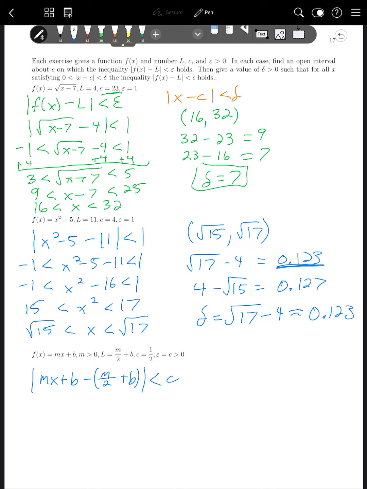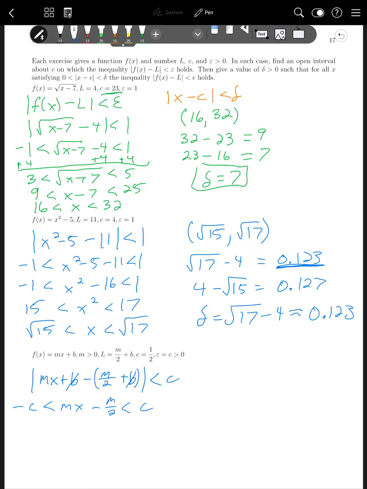Okay. So we can simplify and get rid of the absolute value. So negative c is less than mx minus m over 2, right? Because b minus b is 0, so those are going to cancel, which is less than c.